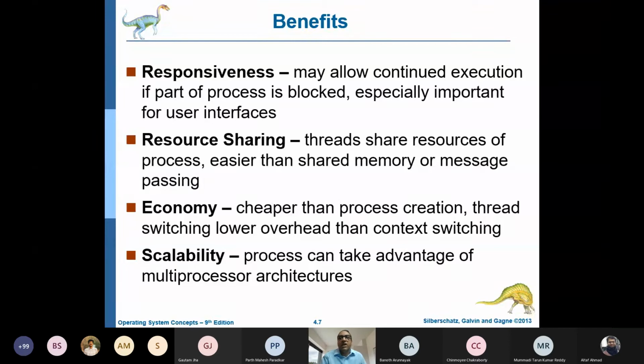Not only that, responsiveness particularly concerns interactive applications. If you design an interactive application as a single-threaded process, it is very difficult to maintain interactiveness, because the process may have some execution sequence.